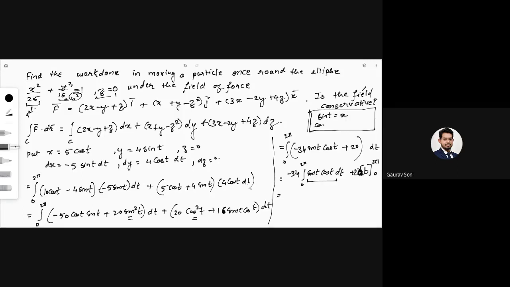So cos t dt will become dx. When t is equal to 0, then x will become 0. I'll do it here. Rub this question and do the calculation here.